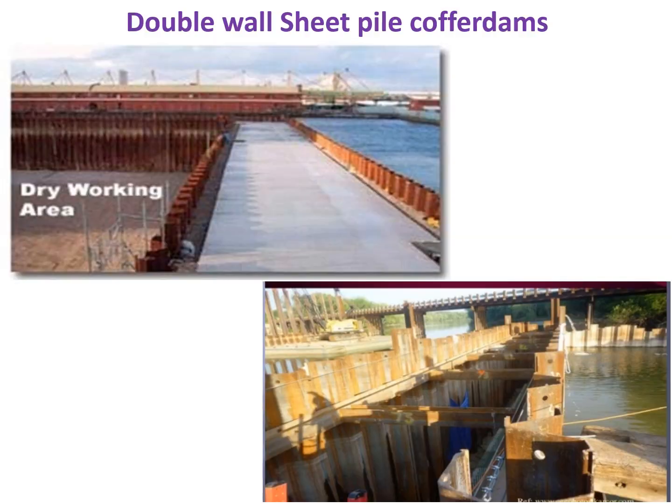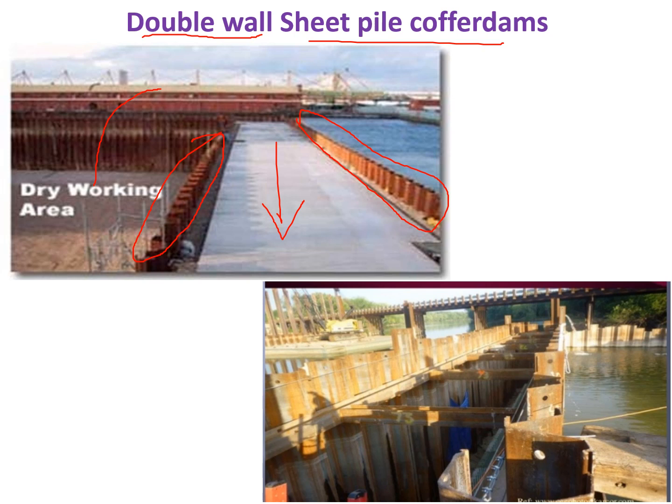So next is the double wall cofferdam. It is also made with the help of sheet piles only. Here you can see these are the sheet piles, but instead of only one layer of sheet pile, here two sets of sheet piles are used, and inside this some filling material is provided, and the whole double layer surrounds your area.